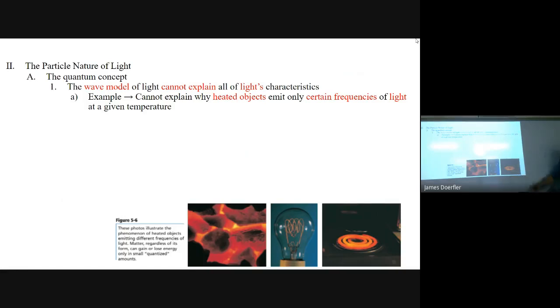Some of the examples here, at the bottom right, you've got the rings on the stove. As you turn on the stove, it passes electricity through it. Depending on how much electricity you pass through it, it's going to change the color that those rings glow.